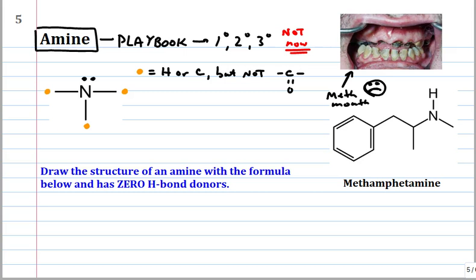Okay? Well, how do I know methamphetamine is an amine? Well, it's got amine in the name, but we're not worried about names. When I look at this molecule, I want to put my landmark for carbonyls. I don't see a carbonyl, so I'm not going to do that. But I see a nitrogen, and so I feel compelled to put my lone pair. And so I see a nitrogen with 3 bonds and 1 lone pair.